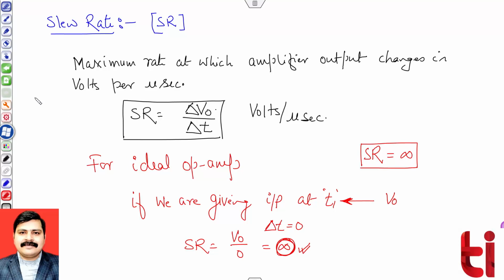Now there is another interesting concept which is very important for further study, and its name is the virtual ground concept. There is a bit of similarity between the two, virtual ground and virtual short.